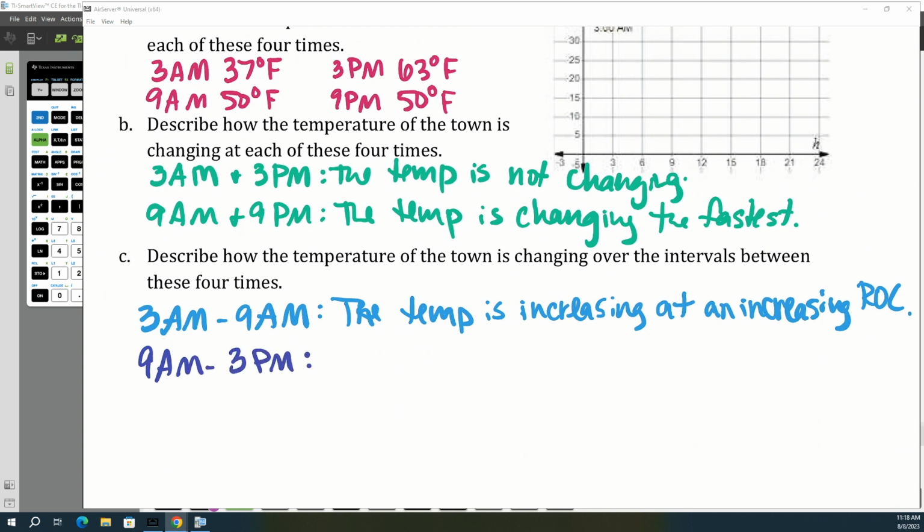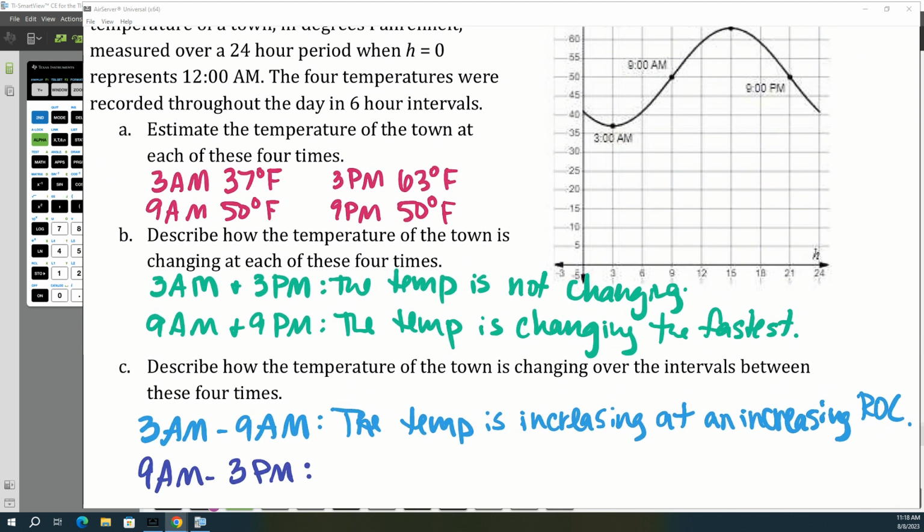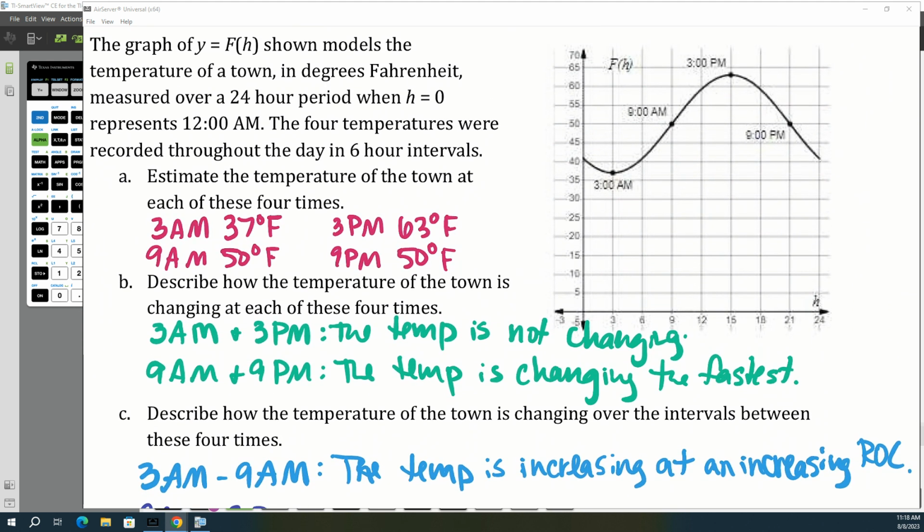And I would say temperature really does do this. Like in the morning, it's obviously getting hotter, but it's getting hotter at a faster rate, and then it kind of slows down.